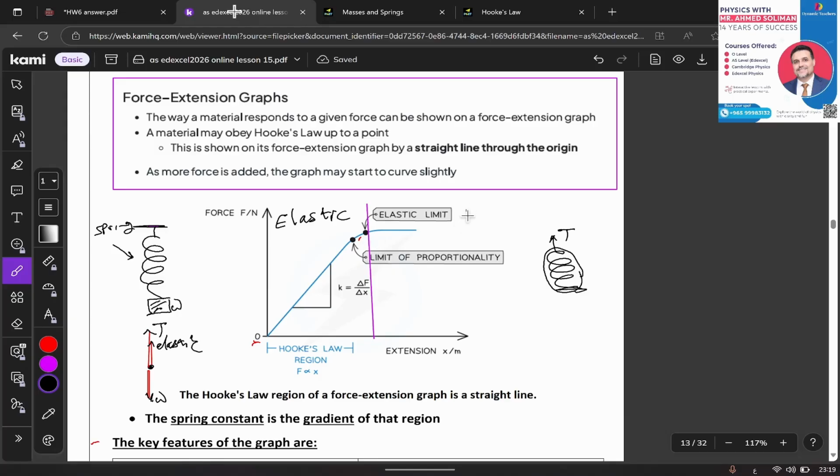It will be plastic. What's the meaning of plastic region? It will not return to its original shape. It will be permanently stretched. Okay? Okay, Habiba? Okay, Mirola? Okay.